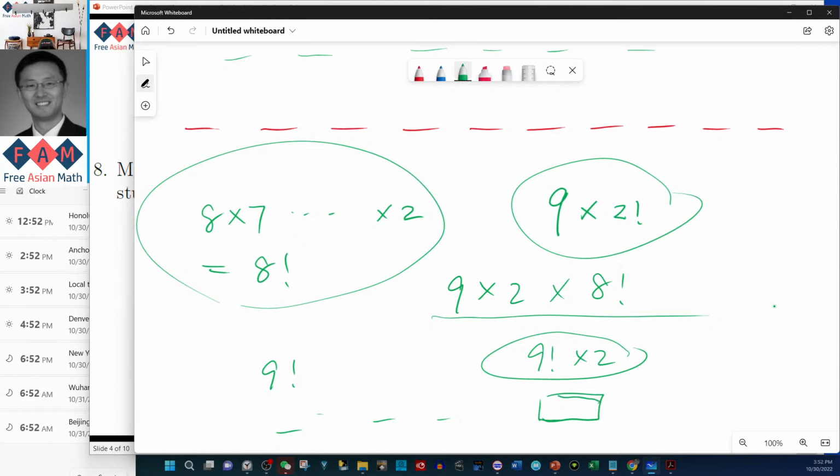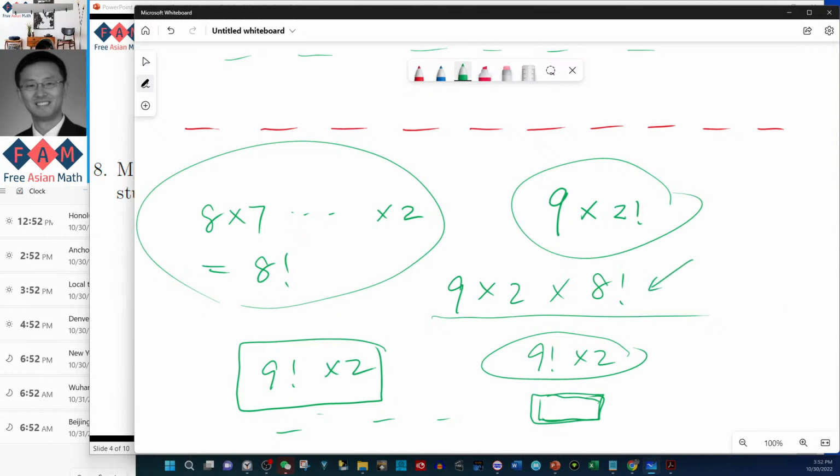Within this block of 2 boys, after you figure out the overall seating, you still have a 2 permutation between those 2 boys, because they can swap their positions. So overall, that's how you arrive at 9 factorial times 2, which is exactly the same as here.